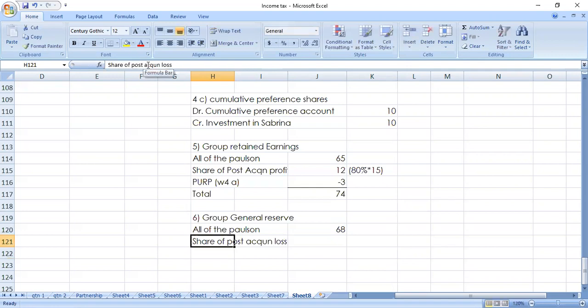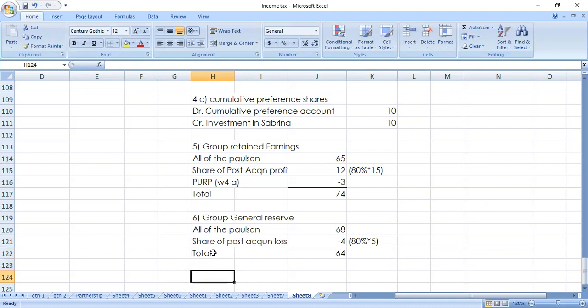Now we want to take our share, which is 80% of the -5, which is negative still, it's a loss. So 80% of 5 is 4, but it's negative, so bring the negative. Then nothing else was affecting it, so you just add. You have 64 as your total general reserve.